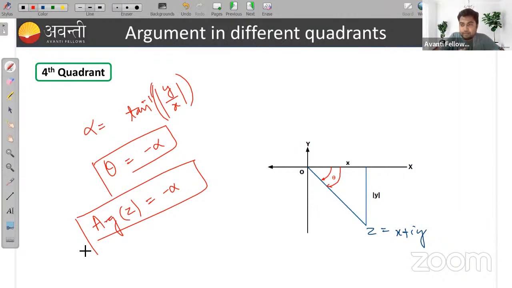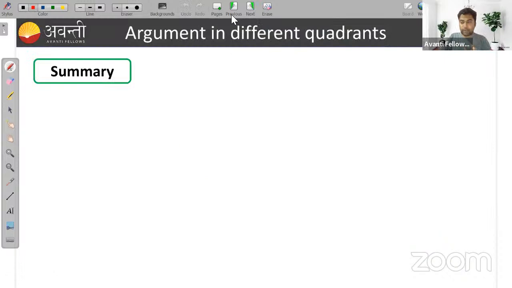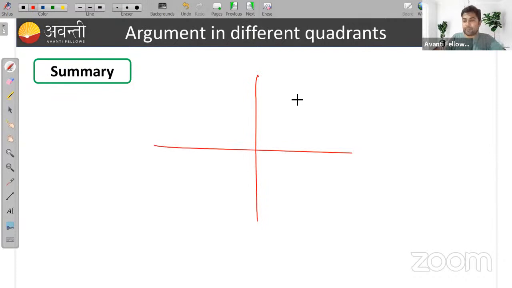Let's move to the next thing. Is there any doubt? No. So now we'll summarize all the arguments when the complex number is lying in the different quadrants. In the first quadrant, the argument theta of z is equal to tan inverse of y upon x, right?